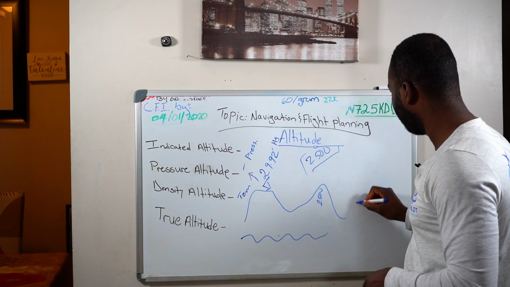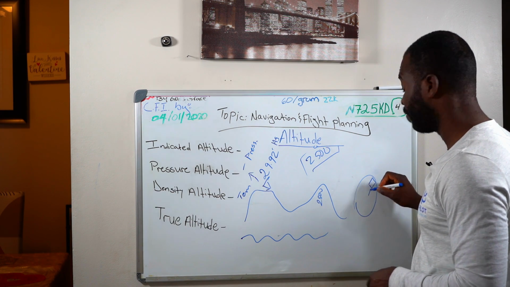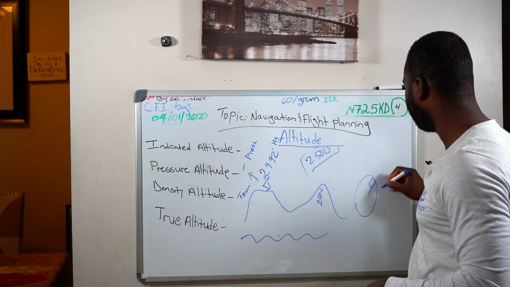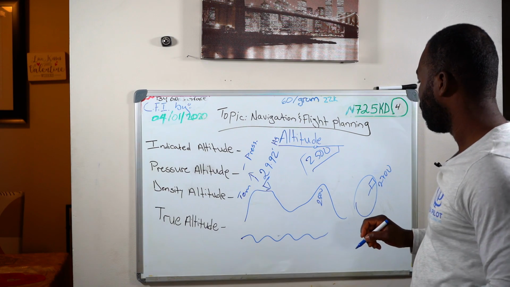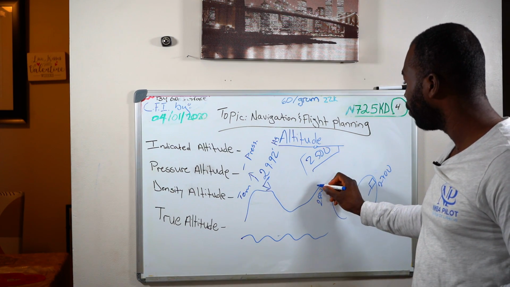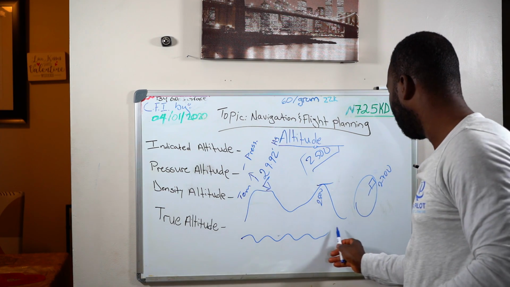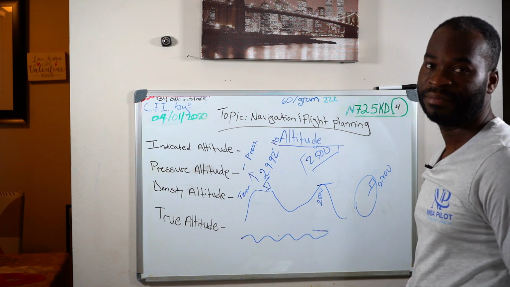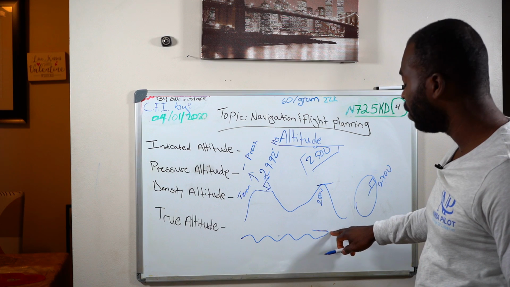And your altimeter, say you are flying, after setting your current altimeter setting, at 2,700. Are you 2,700 feet above this mountain, or are you 2,700 feet above mean sea level? This here is showing above mean sea level.